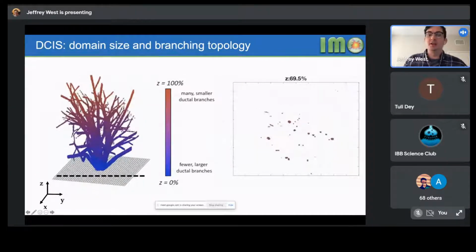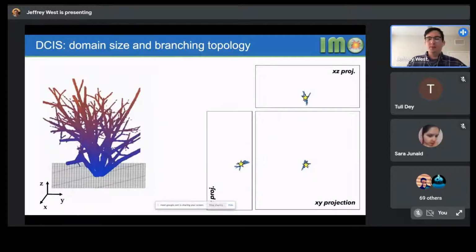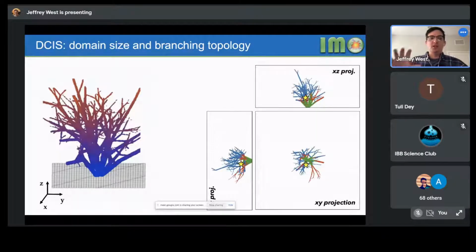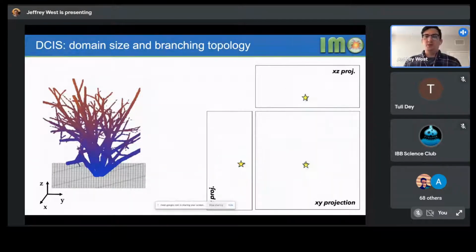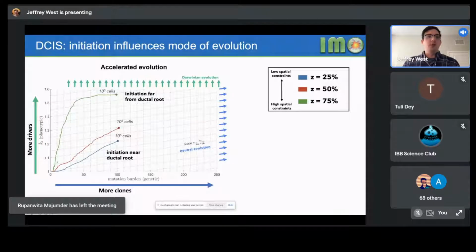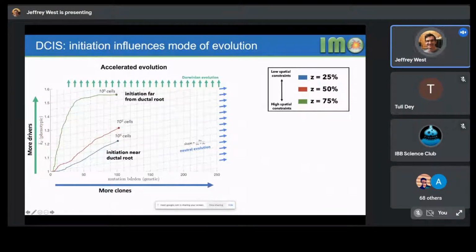So we take that same model and simulate it inside of that ductal tree, and we can see the evolution of drivers and passengers in this biologically relevant tissue architecture. And so what we do is we plot that result on the same graph that we had before, where we have our Darwinian versus neutral evolution state space, so to speak.